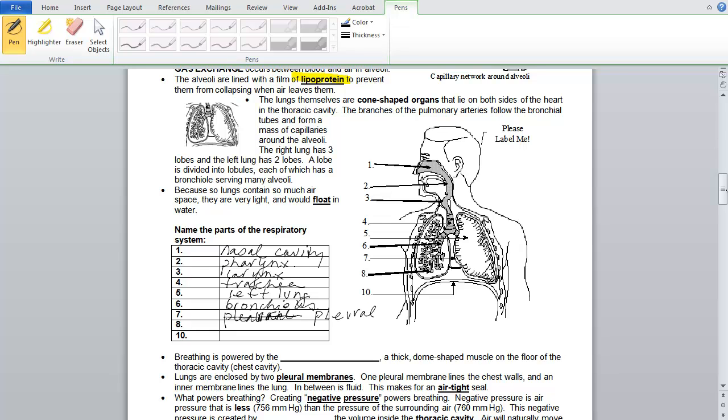P-L-E, it just looked wrong. The pleural membrane. These are membranes that seal the lungs. Number 8, alveoli. And number 10, the muscle that separates the thorax from the abdomen, the diaphragm. Okay, hope that helped.